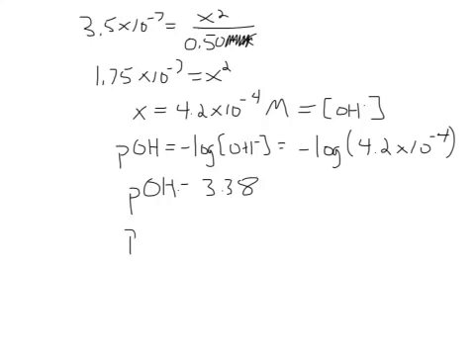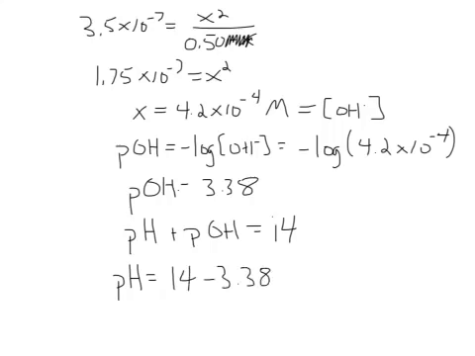Then I'll use that pH plus pOH is equal to 14. So in this case, my pH is 14 minus the pOH, or 14 minus 3.38, and so my pH is 10.62. And that's the answer to the problem.